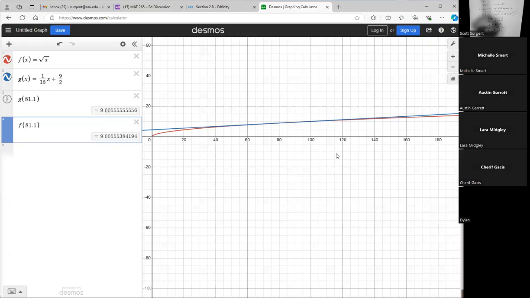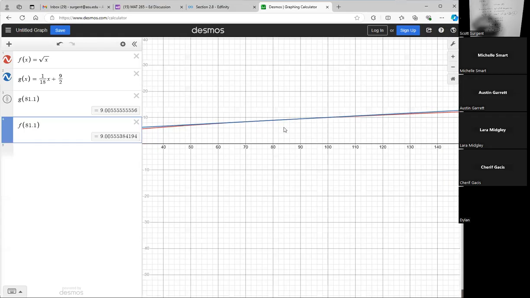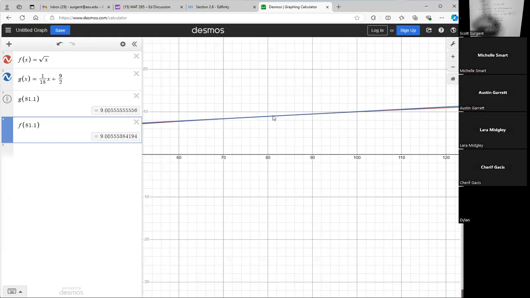In fact, check this out. If I zoom in here, I'm zooming in at 81. Can't seem to land on it. But look how close, even if I go out a few units either way, I still get really good estimations.